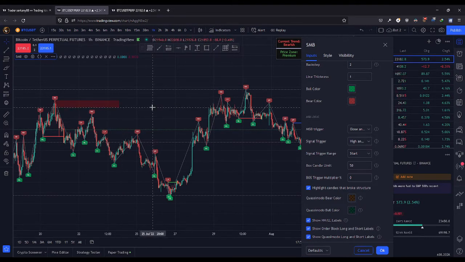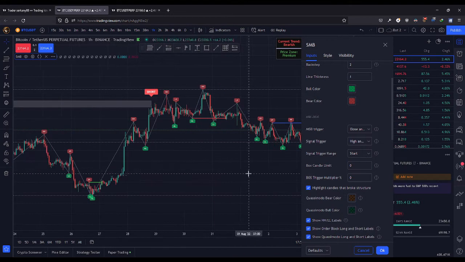This can be useful in lower time frames. I mostly use this indicator in 15 minute to like 4 hour time range, but I know people that are using it in 1 minute with appropriate settings, where this box candle limit really comes into play. And if you make that 0, it means that this is disabled.